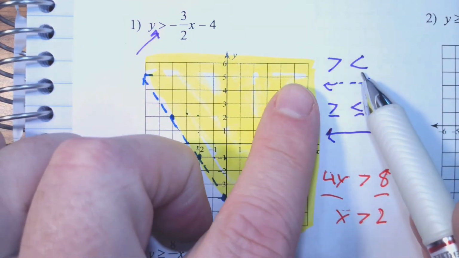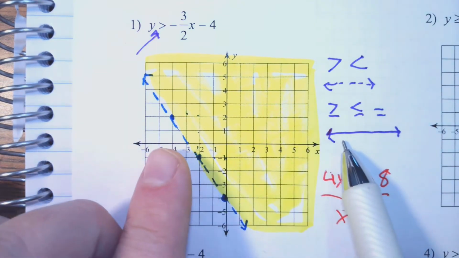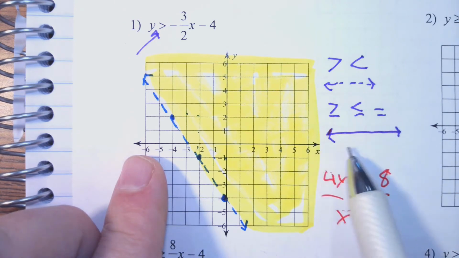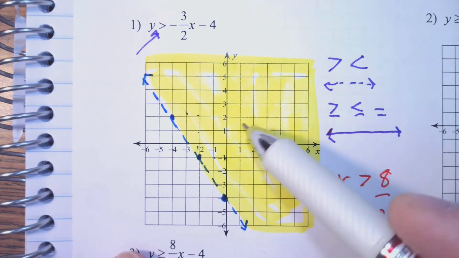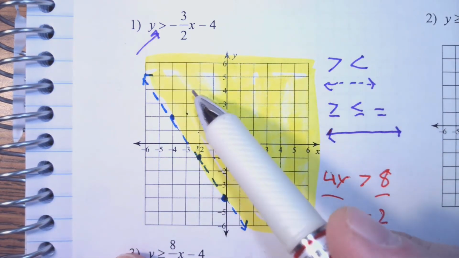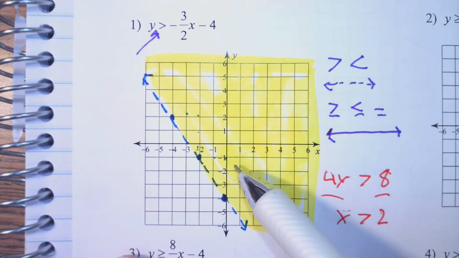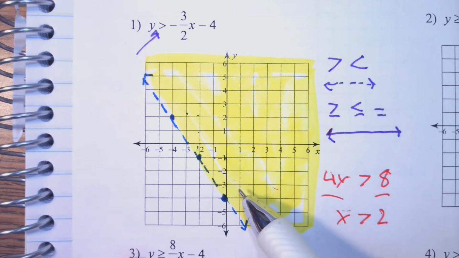Okay, so just remember, we're graphing lines like normal, except for those two symbols dotted, those three symbols solid. And the reason why I'm coloring above is because these points all represent things that are greater than this line. All things below it are less than this line.